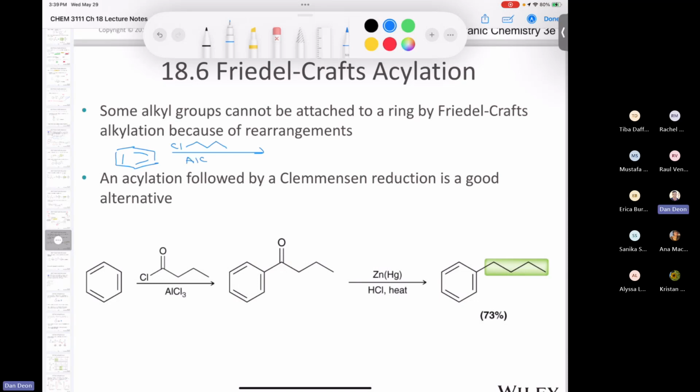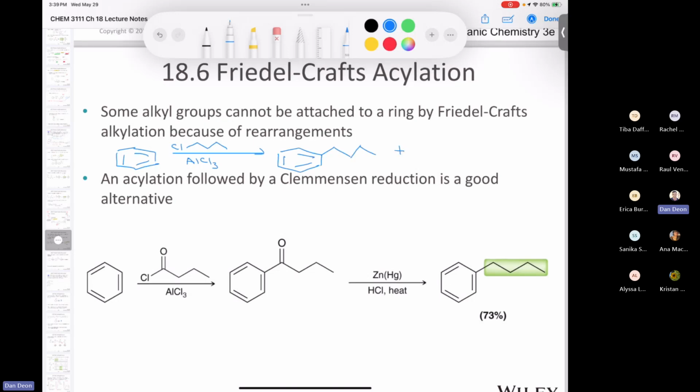In that case, you're going to get a mixture of compounds, right? You're going to end up with the butyl benzene from no rearrangement. So 1, 2, 3, 4. But then you're also going to end up with the product of the rearrangement, which would be this. So 1, 2, 3, 4, like this. So you're going to end up with these two compounds: butyl benzene and sec-butyl benzene.